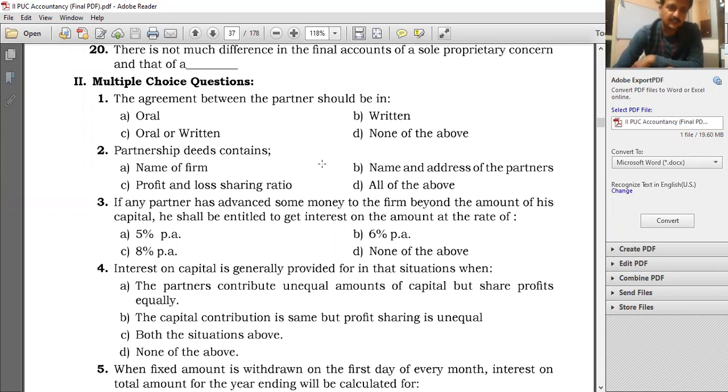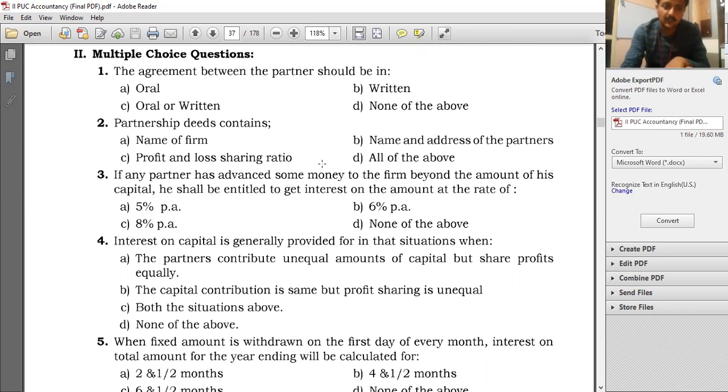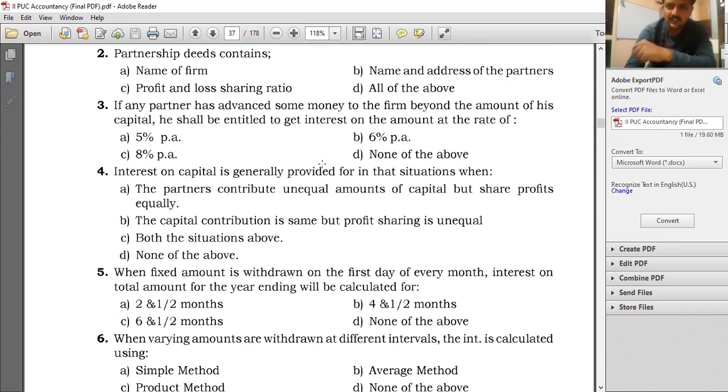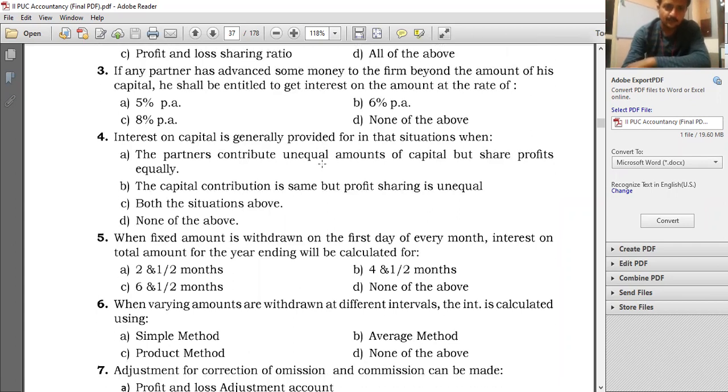Then a partnership deed contains all of the above, because it contains name, PSR, everything.